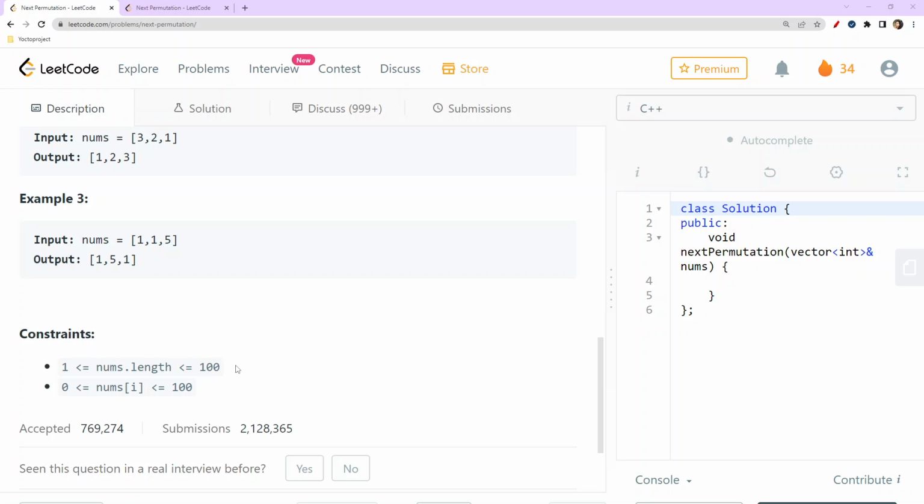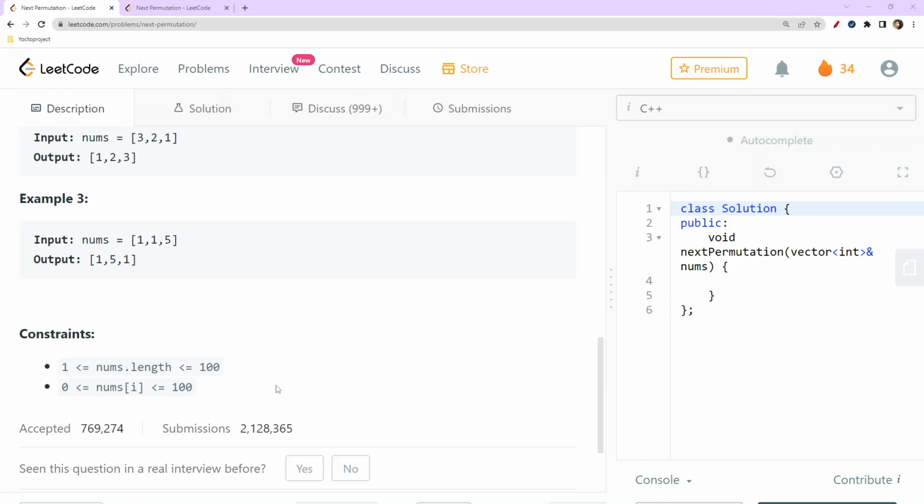The nums.length needs to be considered, that we would have at least one number in our array, or at most 100 numbers in our array. So this is what is required here.